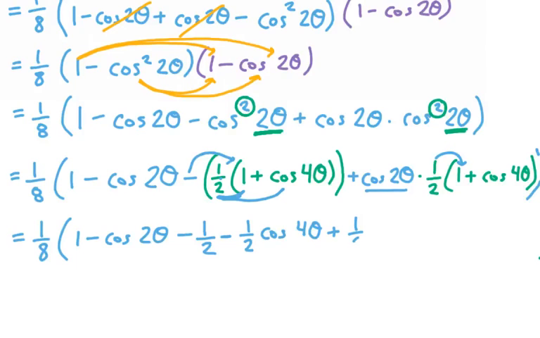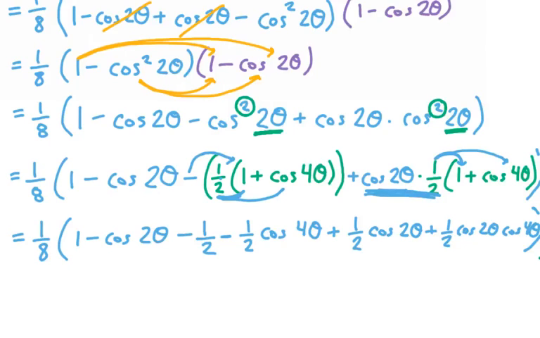So we've got a half cosine 2 theta. And then we've got a half cosine of 2 theta times cosine of 4 theta. There's a little bit of weird distribution going on there. It's basically half cosine 2 theta times 1, plus half cosine 2 theta times cosine 4 theta.